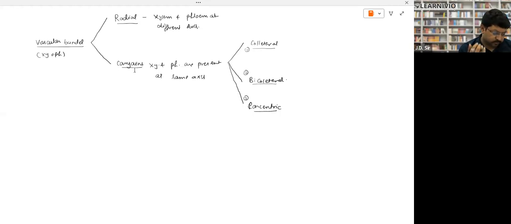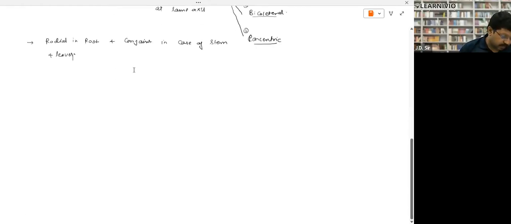They are radial in root and conjoint. That is very important. Conjoint in case of stem and leaf.